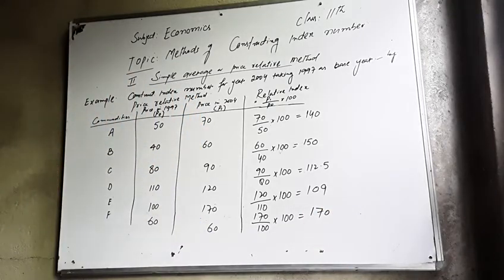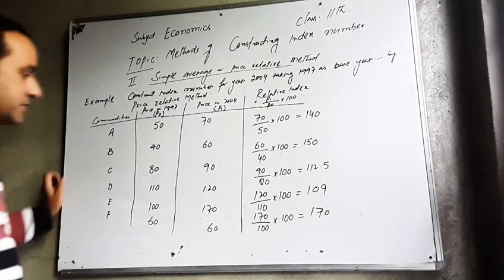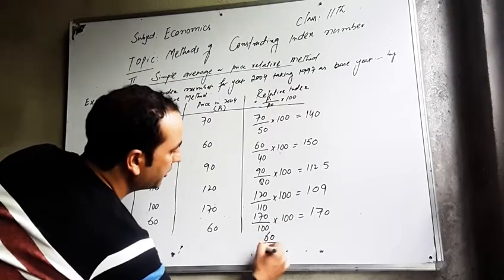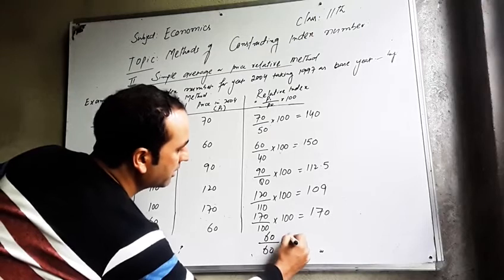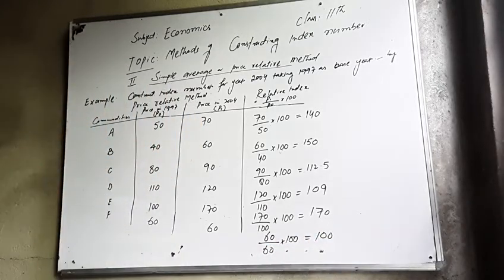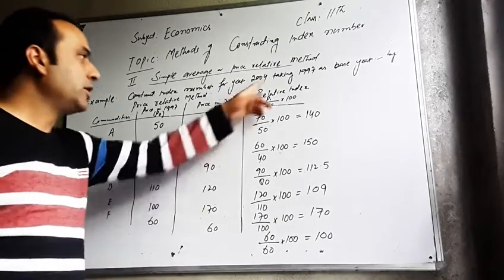And next is 60 divided by 60 into 100 comes equal to simply 100. So this is the relative index.